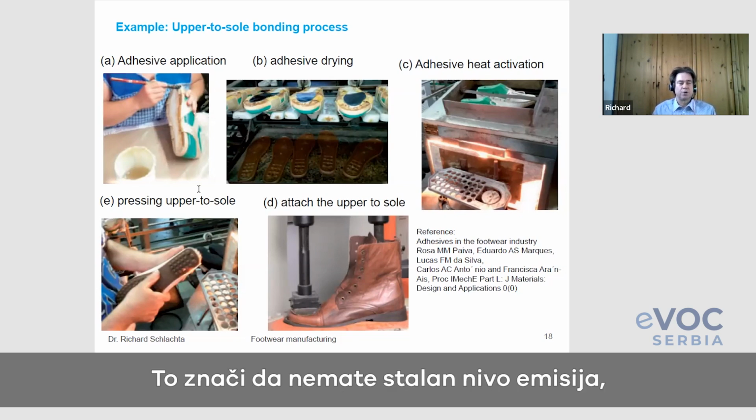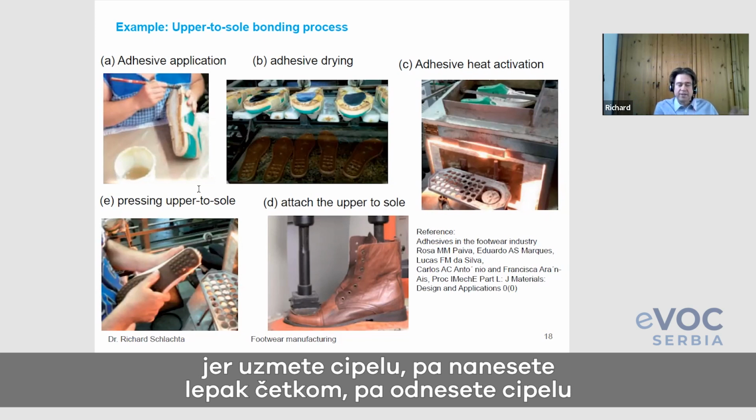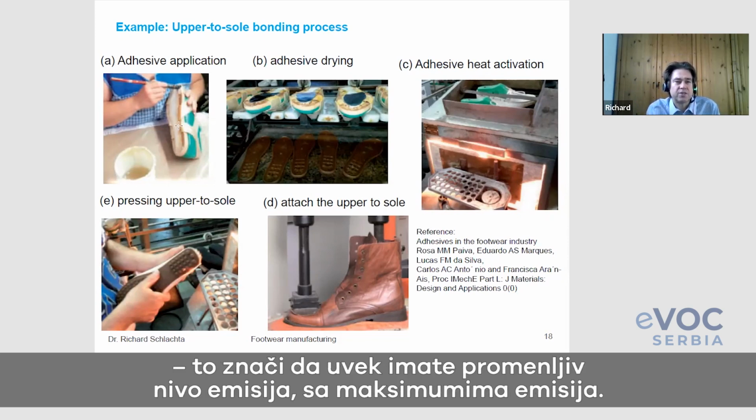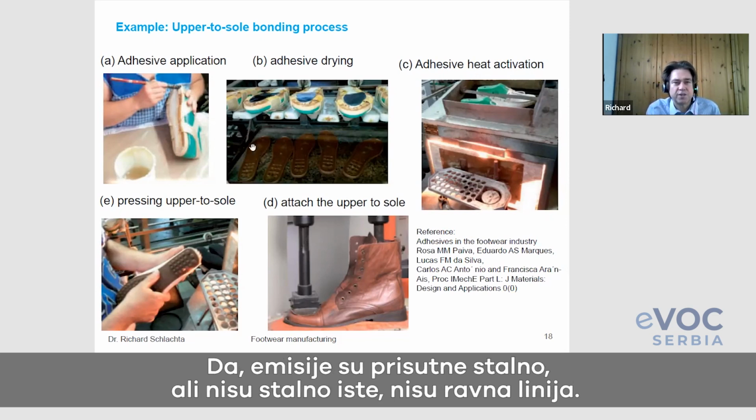That means you don't normally have a continuous emission on the same level, because you take the shoe, you have a brush, you put adhesive on it. So there is always something like a peak of emissions. Of course, if all stands or all operation places are working, you have something like a continuous emission situation.